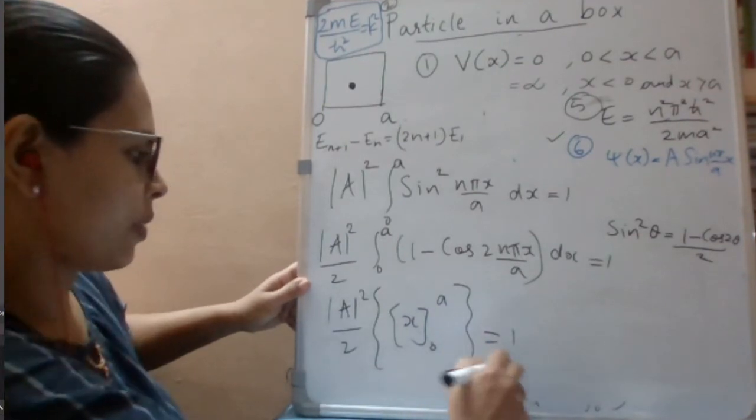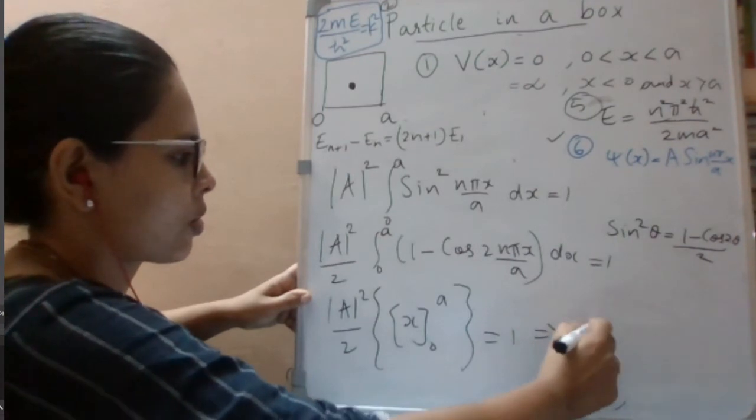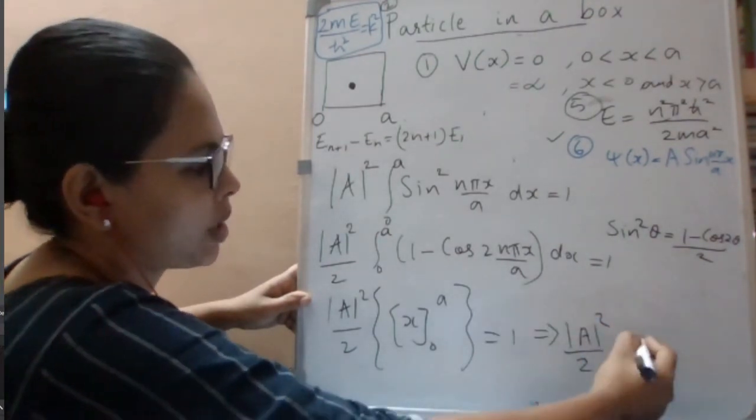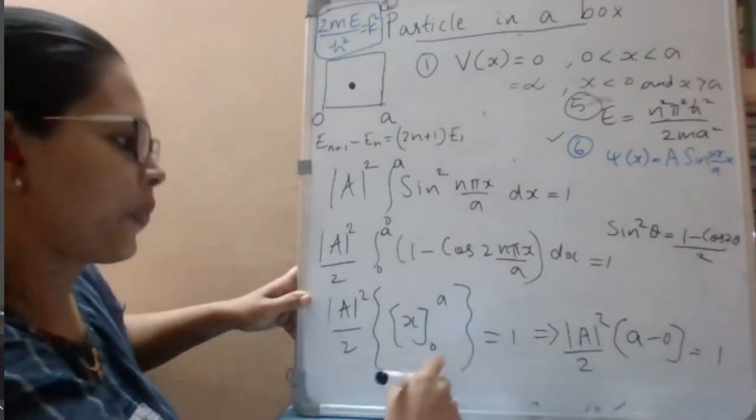This is equal to 1. So applying the upper limit, |A|² by 2, a minus 0, is equal to 1.